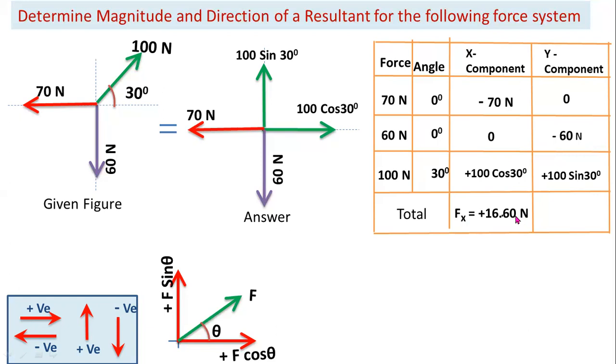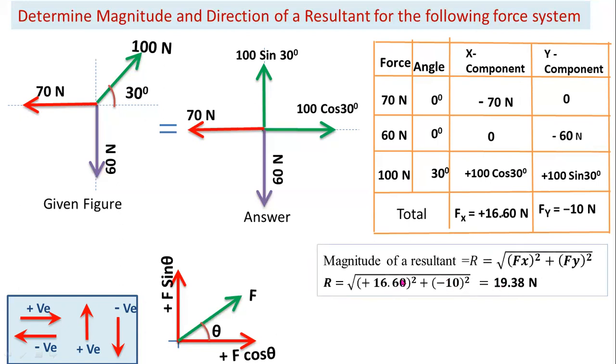Okay. By adding these three forces, you can get the value of summation Fx. Now, by adding these three y components, you can get the value of summation Fy. Summation Fy means sum of all vertical forces along the y-axis.